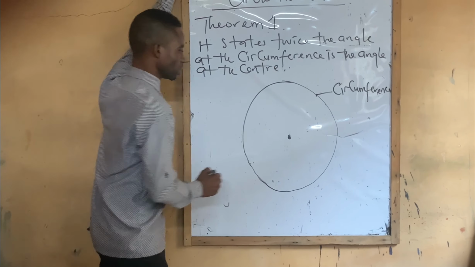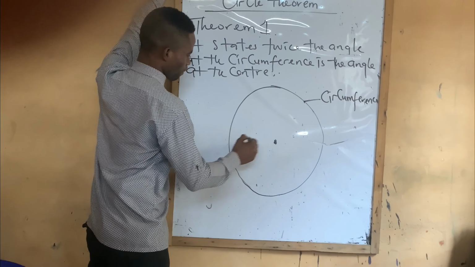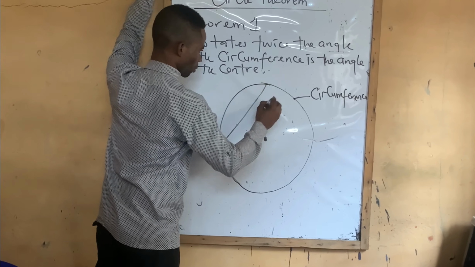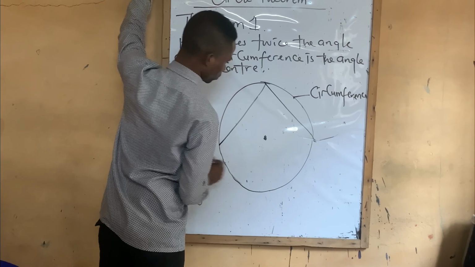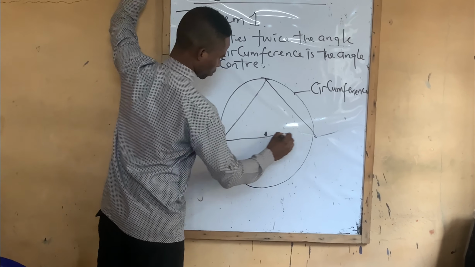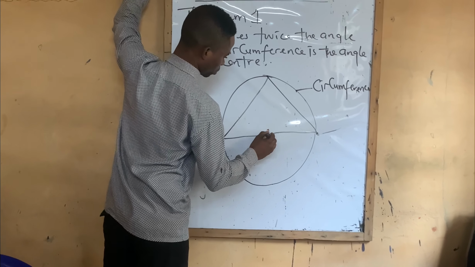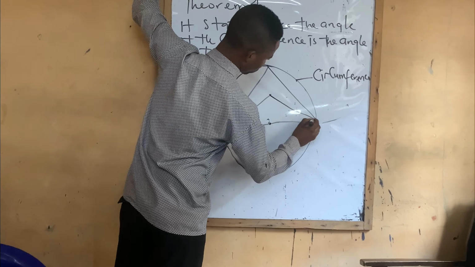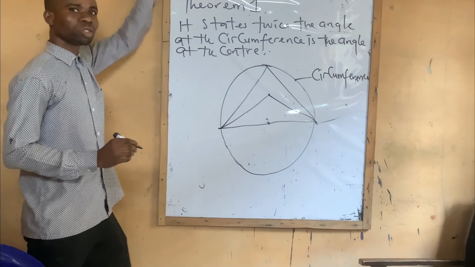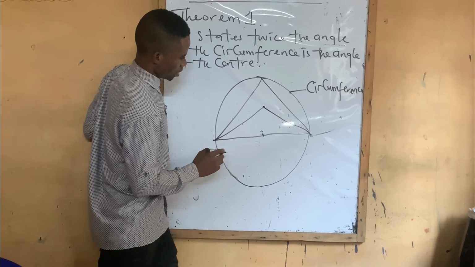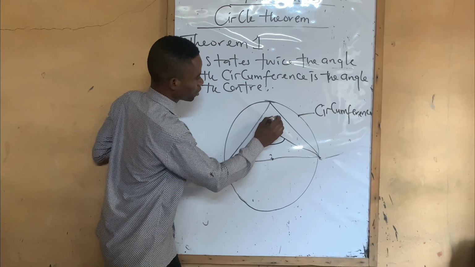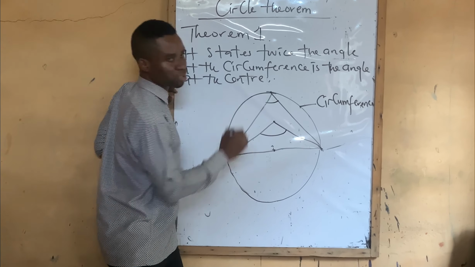Now that means if I have something like this, passing through this one, and now I have something here like this, it shows that if this is the center and this is the circumference, because it touches the circumference.